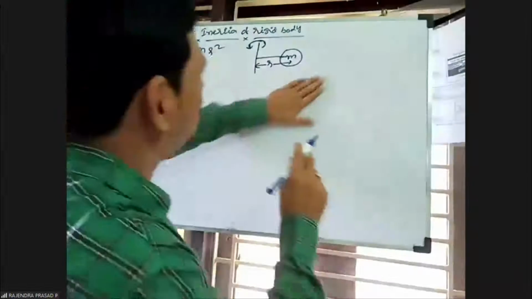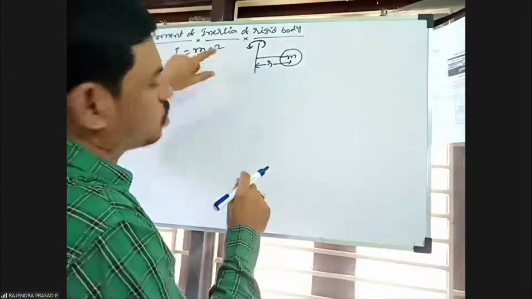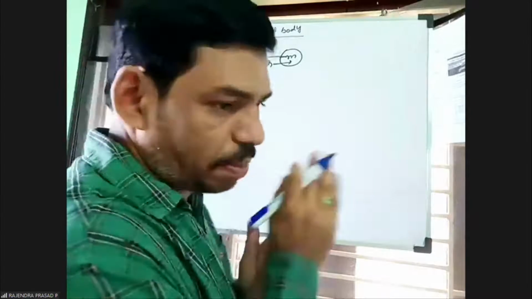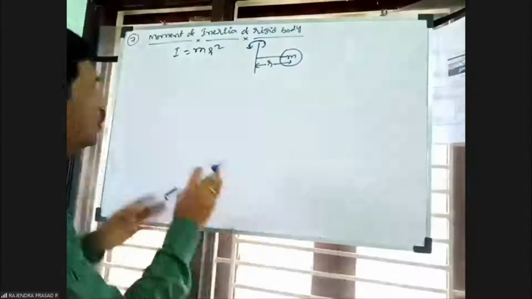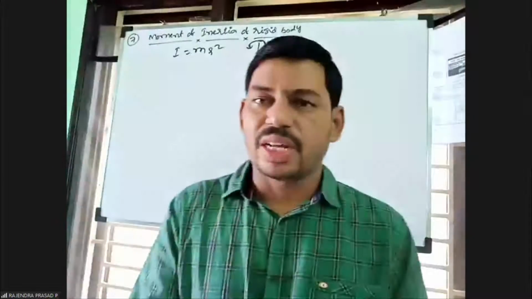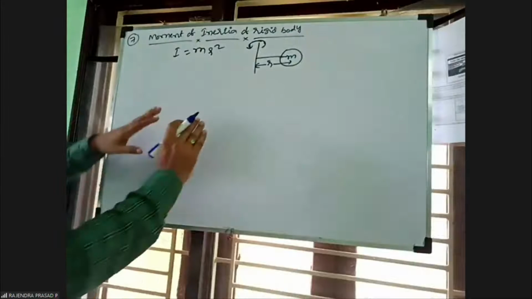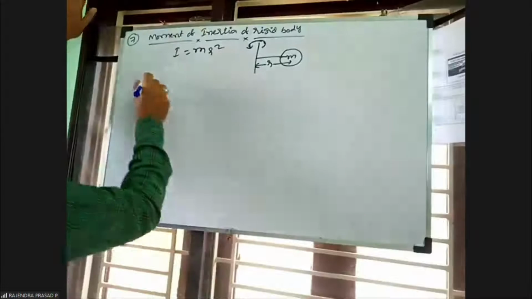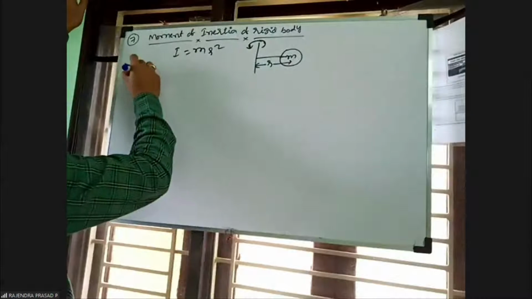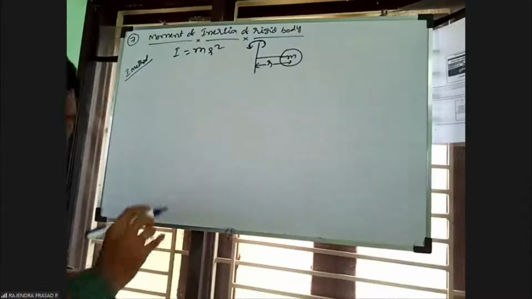So I is equal to mr square, right? The product of mass of the particle and square of the perpendicular distance from axis of rotation is called moment of inertia, right? So there are two methods, one is the log method, one is without log method. First method, differentiate on both sides.